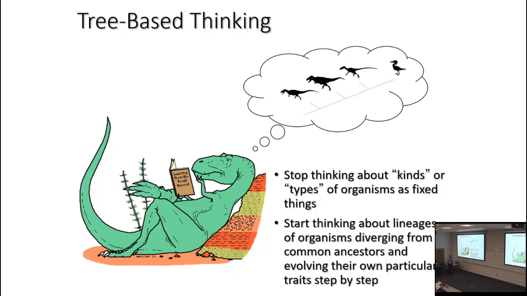Kind-based or typological thinking tended to get people stuck in bad mental habits, artificially grouping things together in their mind that actually were not more evolutionarily similar to each other, and making false conclusions about the evolution of, say, behavioral traits or physiological traits. We'll see examples of these later in the course.